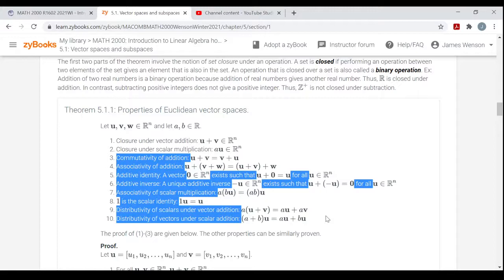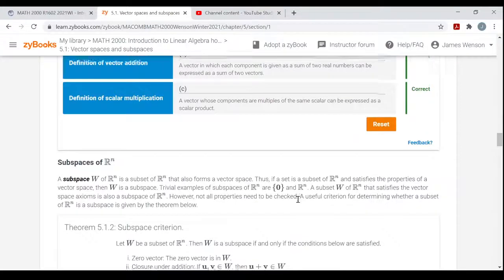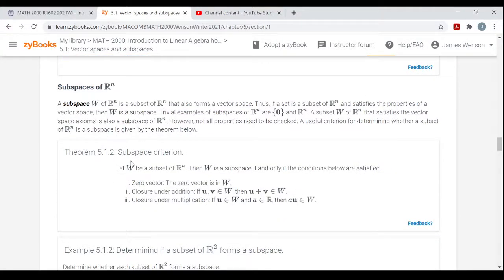If every vector in W is also a vector in Rn, then all of the vectors in W will satisfy these properties 3 through 10, because they're vectors in Rn. The only two you have to check are the closure properties, and also, is there actually a vector in W? So that's what this is stating. So how can I tell if a set W is a subspace of Rn?